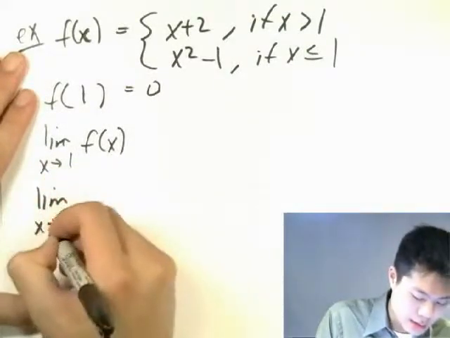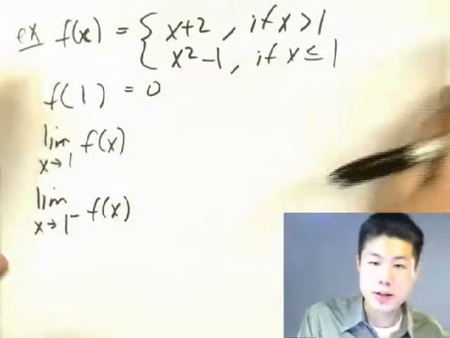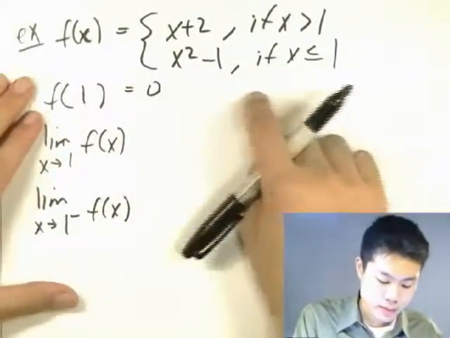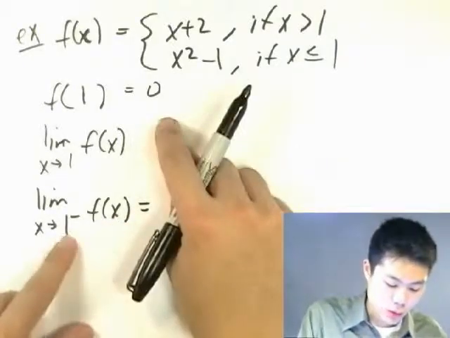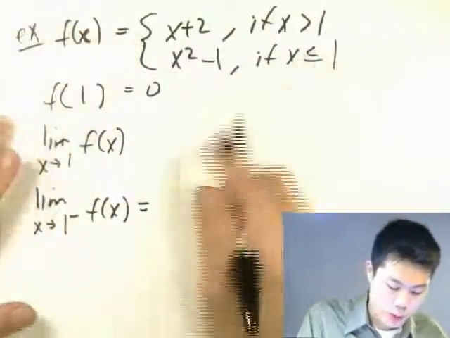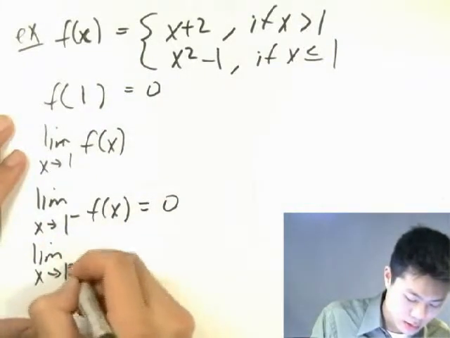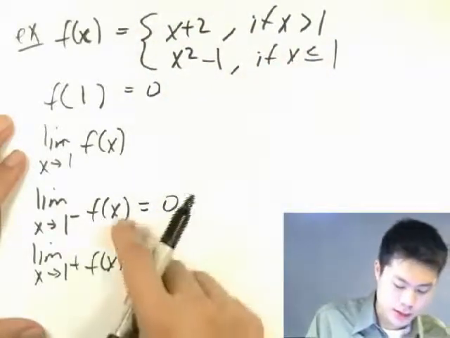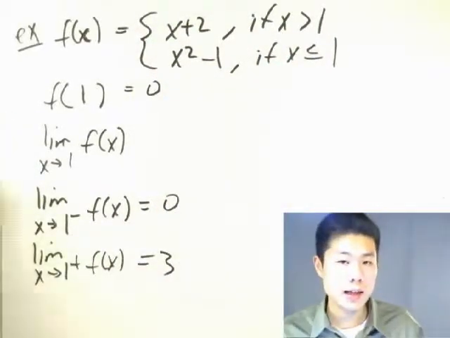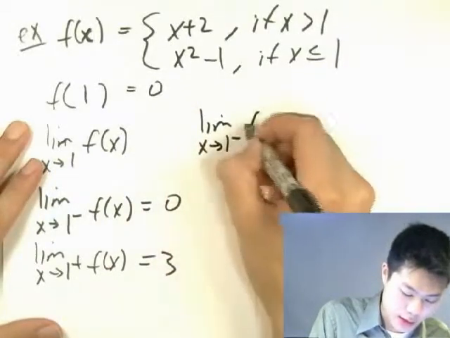So the first step is to find the left-hand limit. You can simply use direct substitution here. Coming from the left, 1 minus 1 equals 0. What about the right-hand limit? Coming this way equals 3. We see that the left-hand limit and the right-hand limit do not equal each other. Therefore, the function is discontinuous at x equals 1.